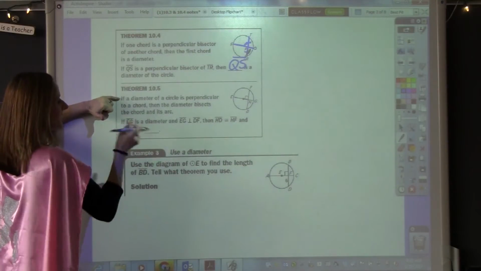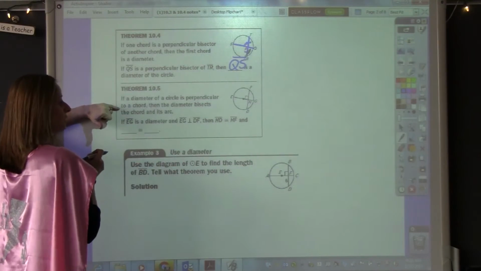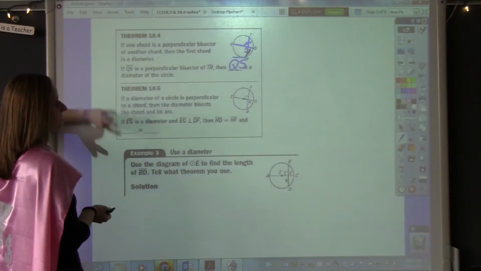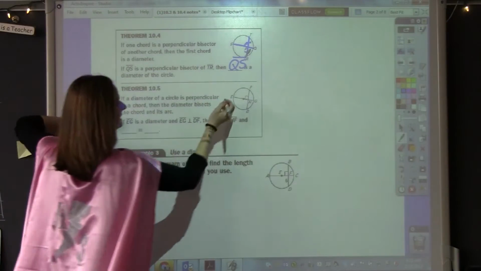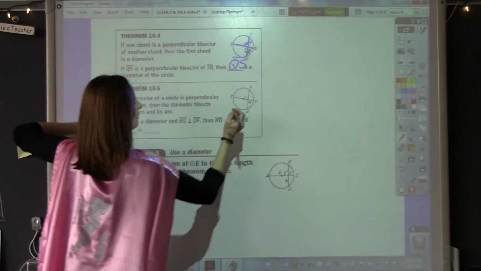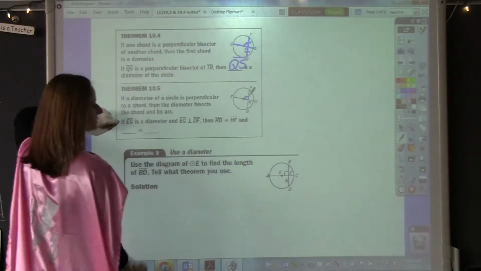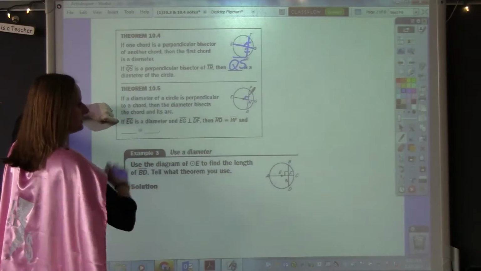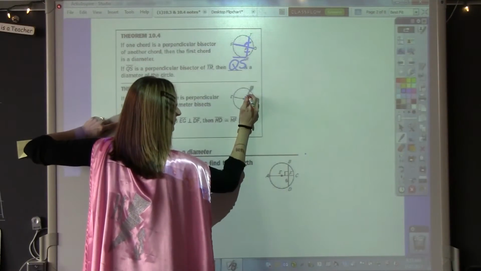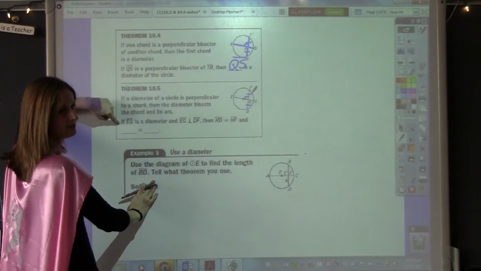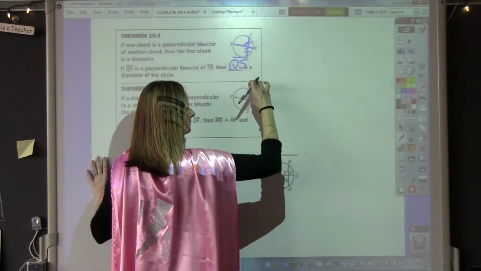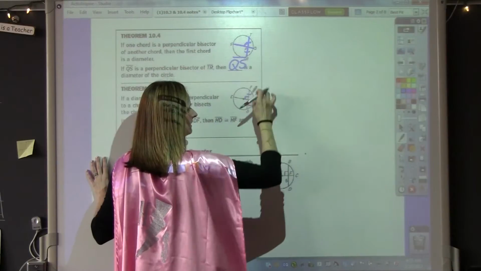If the diameter of a circle is perpendicular to a chord, then the diameter bisects the chord and its arc. So converse: if EG is the diameter, and we're told the diameter is perpendicular to this chord, then we know that HD is congruent to HF, and these arcs should now be the same length.